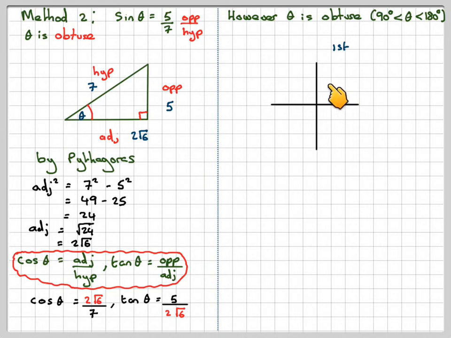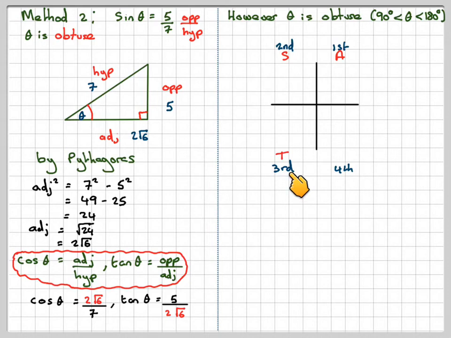we go around this way, anti-clockwise. So this is considered to be the first quadrant. This is considered to be the second quadrant. This is considered to be the third quadrant. And this is considered to be the fourth quadrant. Now this is sometimes known as CAST. Now if we remember, in the second quadrant, sine is positive. In the first quadrant, they're all positive.